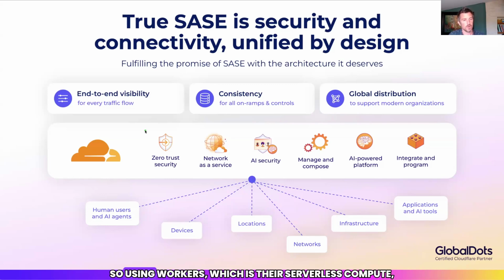So using Workers, which is their serverless compute, including databases and key value stores and a whole bunch of other smart stuff that comes with their developer platform, you can also build your own applications that sit on top of that. You may want to do that for bits of middleware, or you may want to host your own AI agents. So your AI agents themselves can live on Cloudflare. So it's really a very complete solution in terms of web delivery, building stuff on the web, and then securing the web.